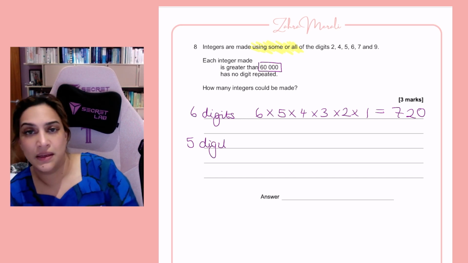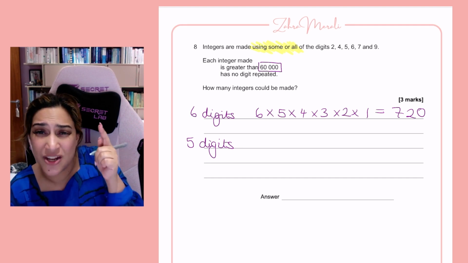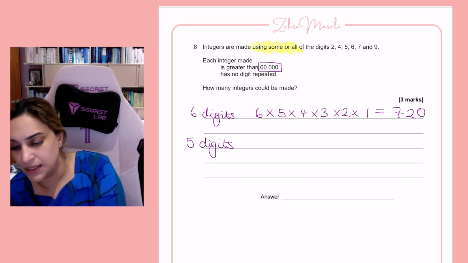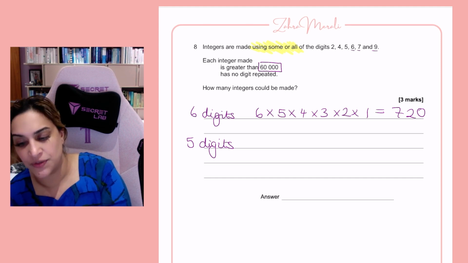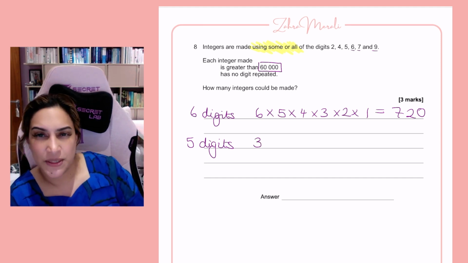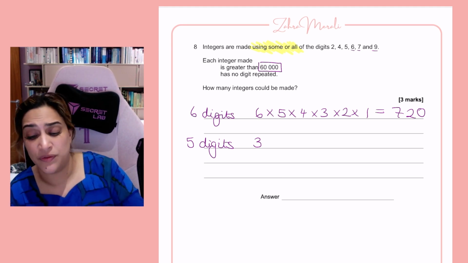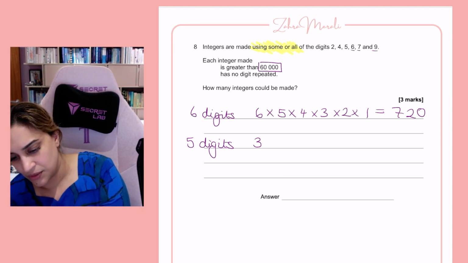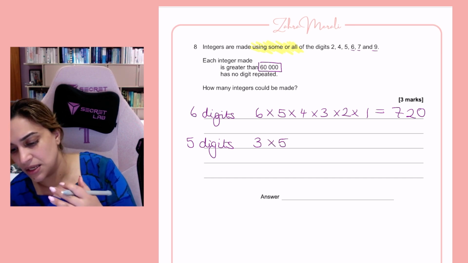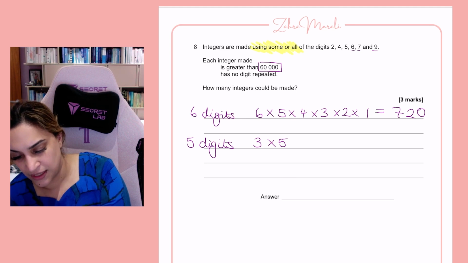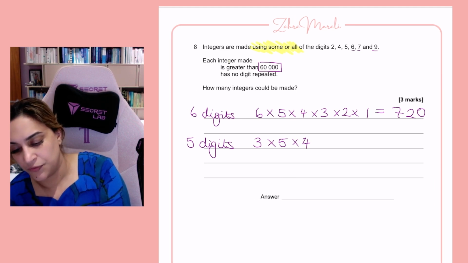Now, if we were to use 5 digits, we want it to be bigger than 60,000. So the only options for the first number are 6, 7 and 9. So we've got 3 options for the first number. For the second number, it can be any of the 6 except for the one we've used to start with. So we've got 5 options. And the same for the third number will follow suit, will be 4 digits.